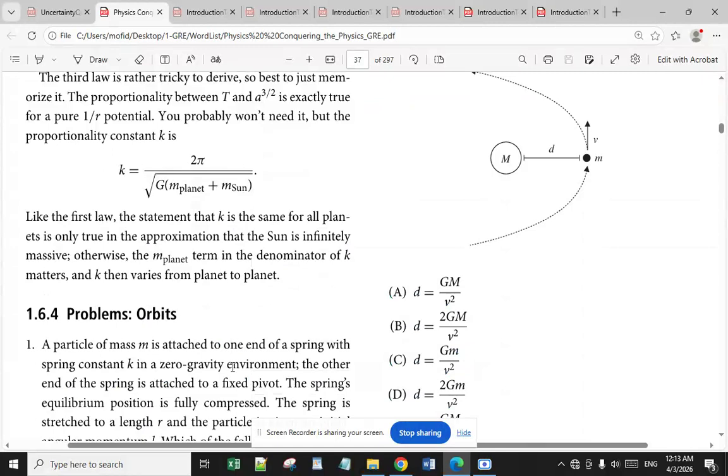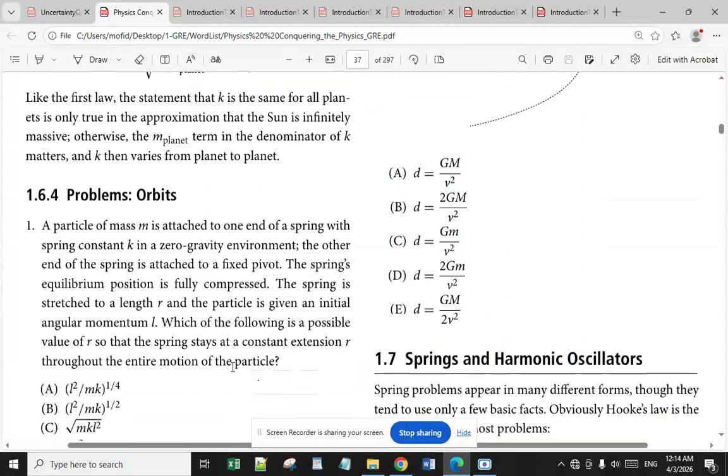Like the first law, the statement that χ is the same for all planets is only true in the approximation that the Sun is infinitely massive; otherwise the m planet term in the denominator of χ matters, and χ then varies from planet to planet.